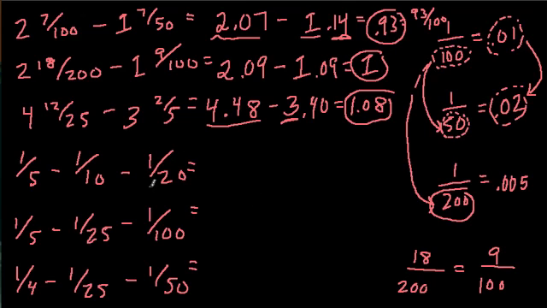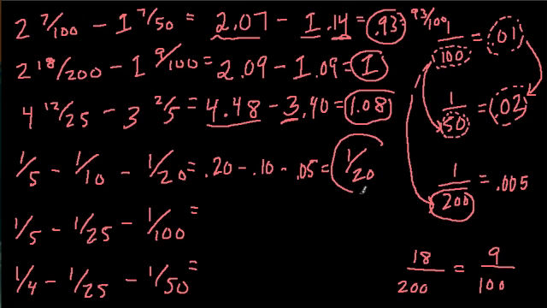Okay, now we get, I think, a little bit more fun, more fractions, and longer expressions. So a fifth minus a tenth minus a 20th. Well, a fifth is just 20 cents, minus 10 cents, that's a tenth, minus 5 cents. Much easier to think about. Right? A 20th is a nickel. So 20 cents minus 10 cents is 10 cents, minus 5 cents is 5 cents, so that's a nickel.